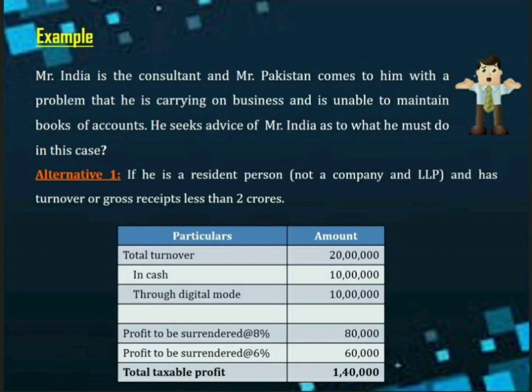So the income on the cash received will be 10 lakhs into 8%, that is 80,000 rupees. And for the amount received through digital or electronic mode, it will be 10 lakhs into 6%, which equals 60,000 rupees. Hence, if the person opts for 44AD, his total taxable income will be 80,000 plus 60,000, that is equal to 1,40,000.